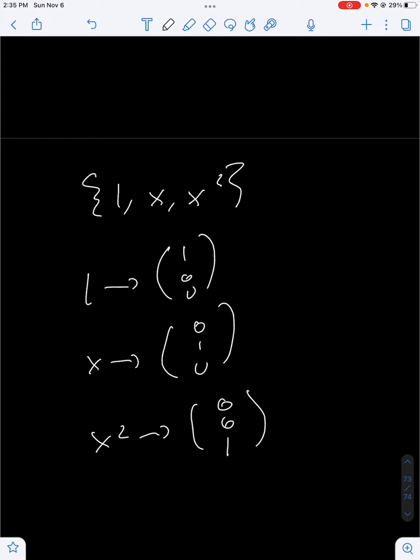What this mapping actually is, is what's called an isomorphism. It's an isomorphism between these polynomial functions and vectors in R3.